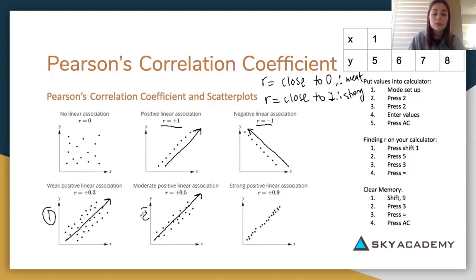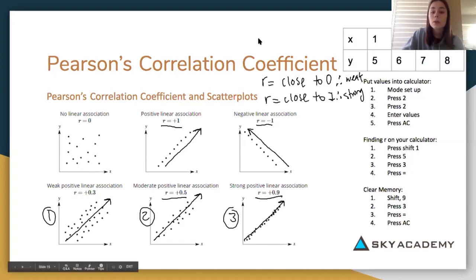And so R equals positive 0.5. It's not perfect, it's not too strong, it's just moderate. In the third one, they are almost on a straight line. A couple of the points are still out of the line, so it's not perfect, but it is definitely strong. So it has a value of 0.9.